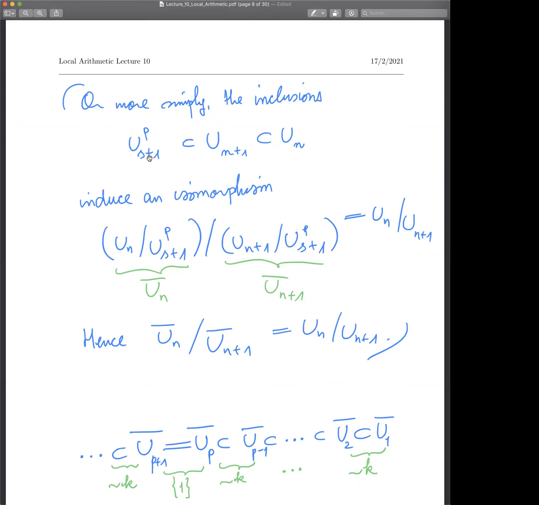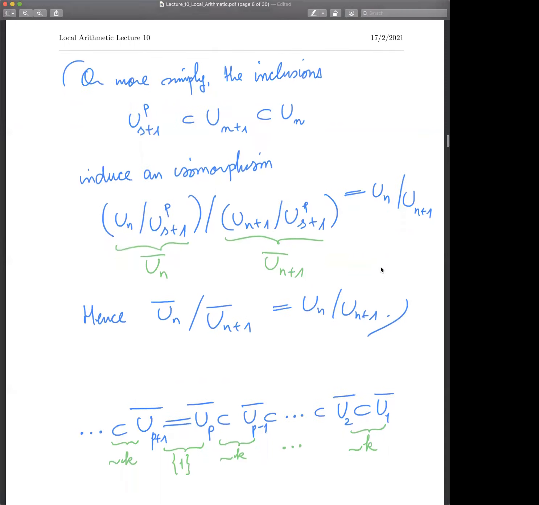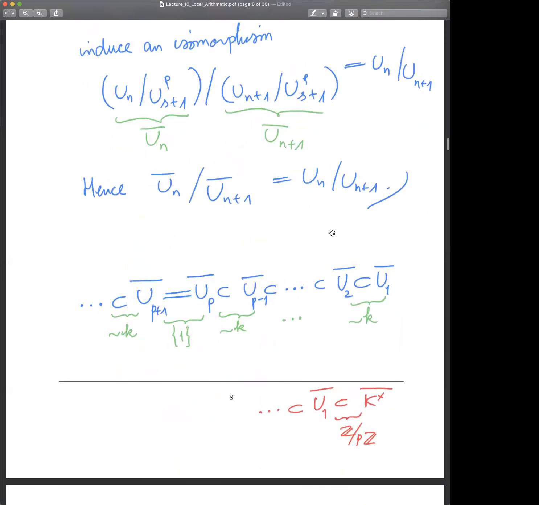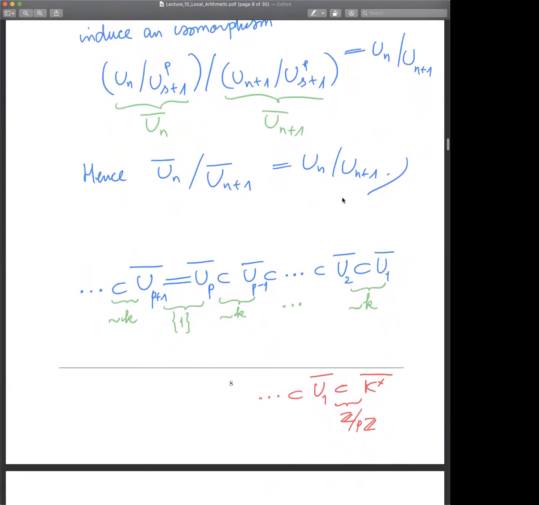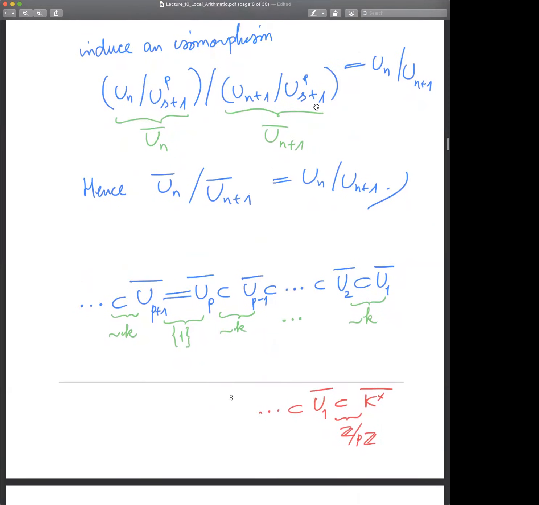So because of this sequence of inclusions, you have this quotient and this quotient, and the quotient of these two quotients is U_n modulo U_{n+1}. That's one of the isomorphism theorems. People sometimes number them and tell you whether it's the first one or the second one. I've never understood how all books will agree on the numbering. Anyway, this isomorphism theorem is something you must be familiar with.